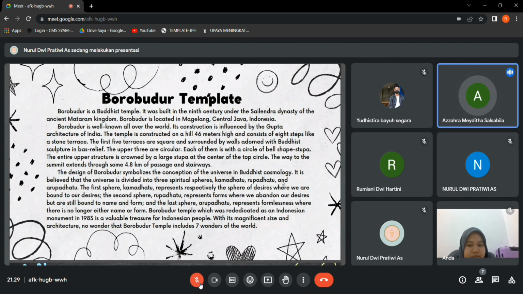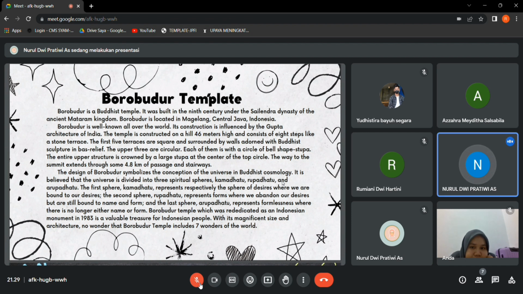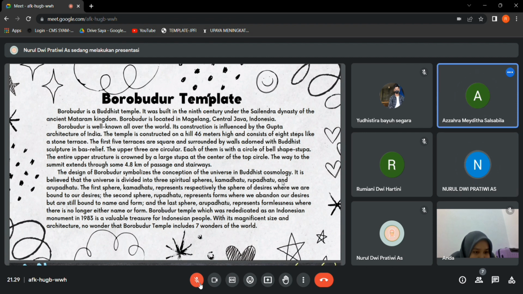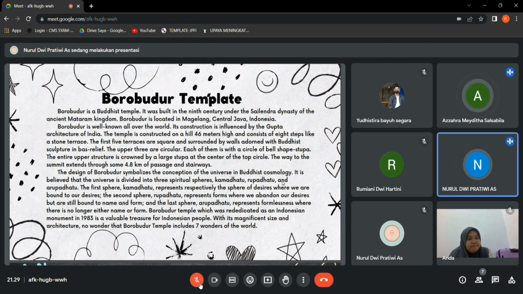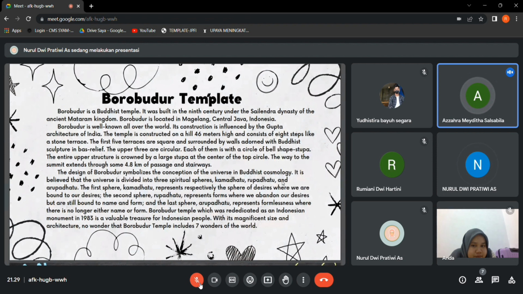Okay, and the last question is, explain the generic structure of the text. The first paragraph is the identification structure because the first paragraph introduces what the writer describes, and the second until the last paragraph is description structure because it contains an explanation or description of Borobudur.